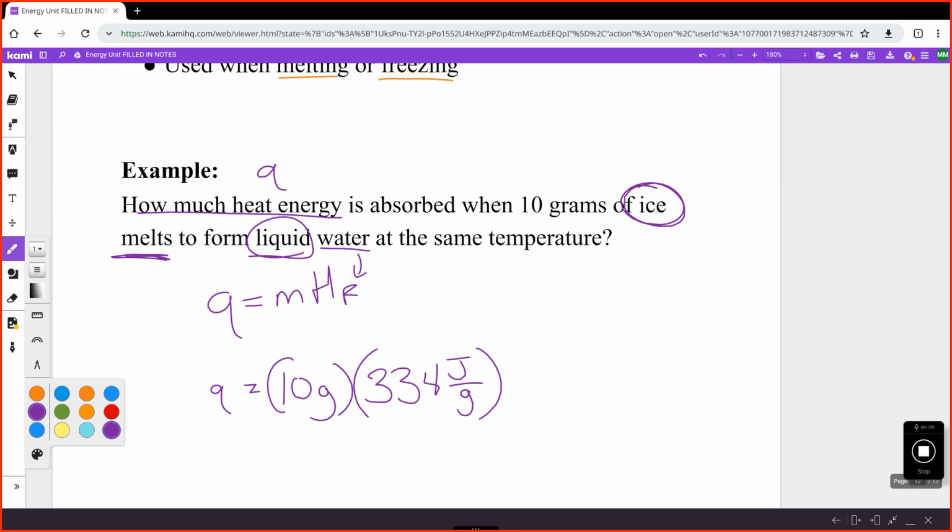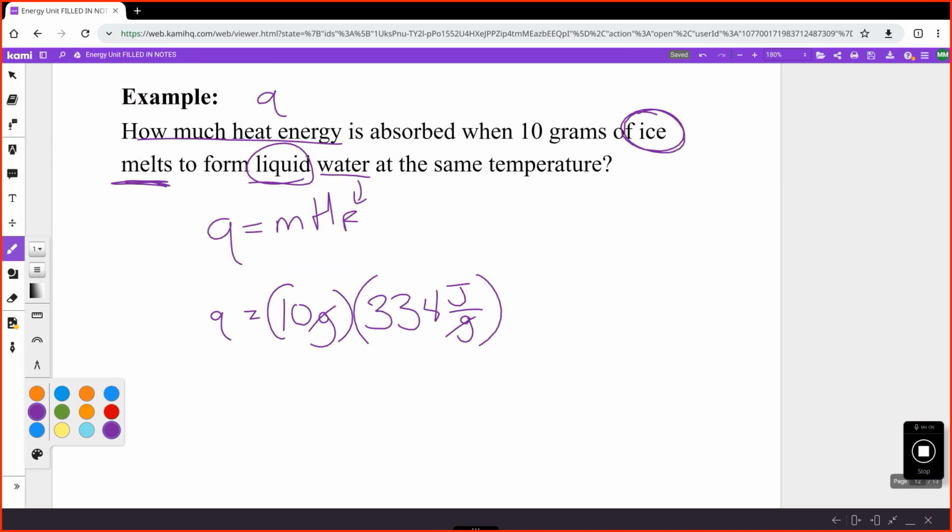And so if we have 10 grams, we're simply going to be doing 10 times 334. For this, Q would be equal to 3,340 joules. Awesome.